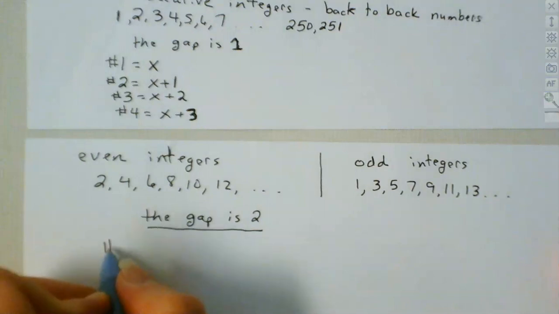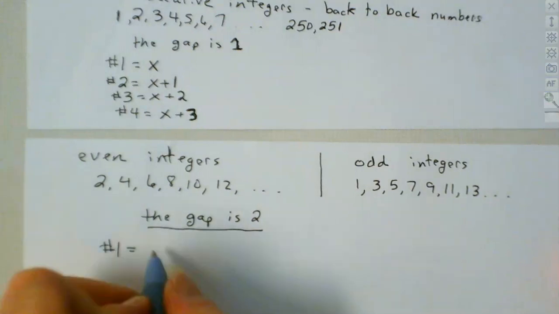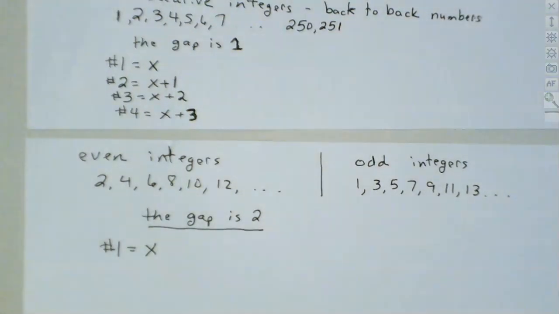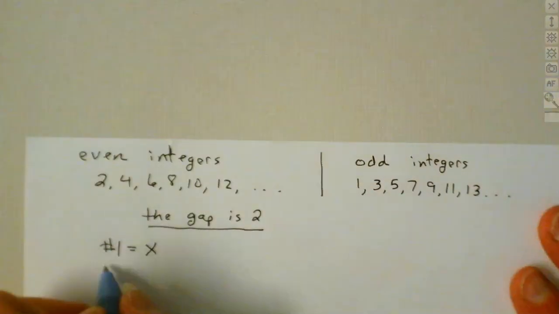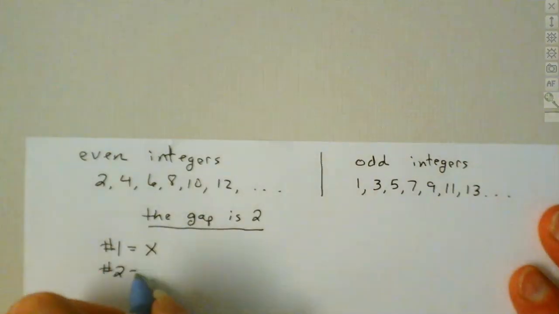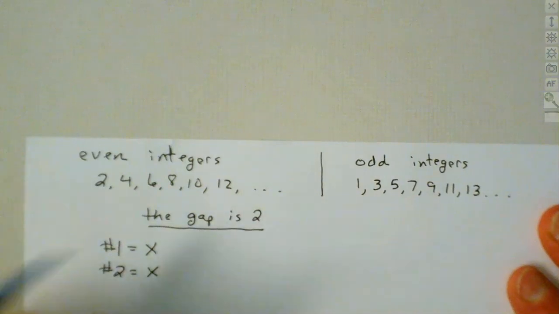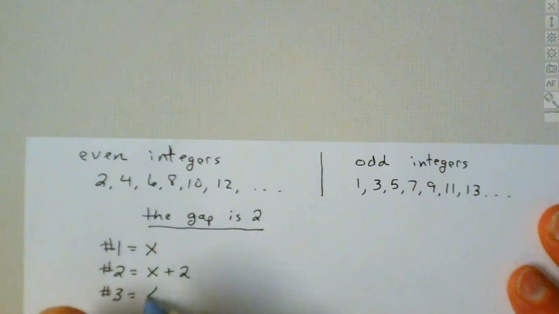So what we're going to always do is start off with our first number. And if I was working with even or odd, I would start off with my first number, again being x. And then what am I going to do for the second number? I'm not going to add 1. I'm going to add what? 2. And my third number, I add 2 again.